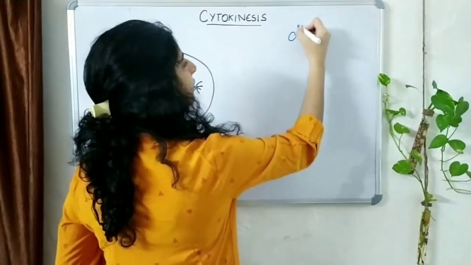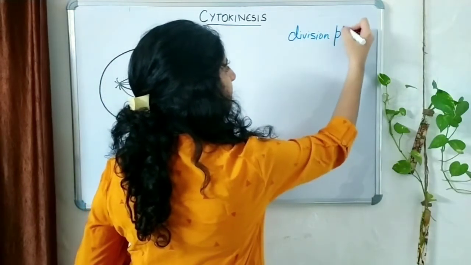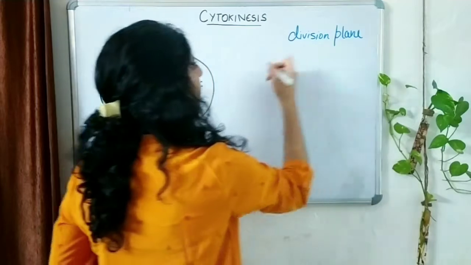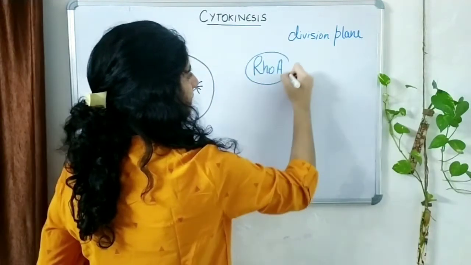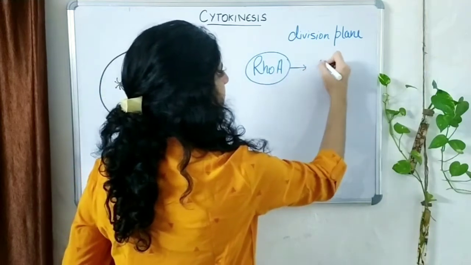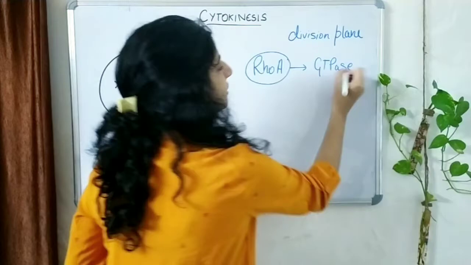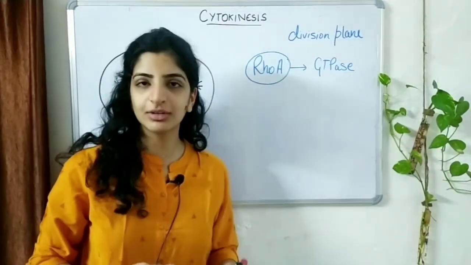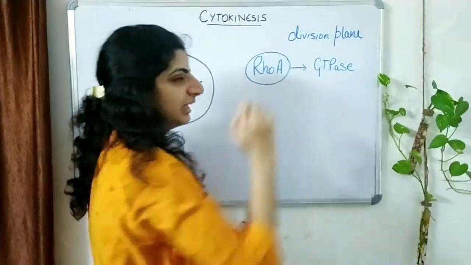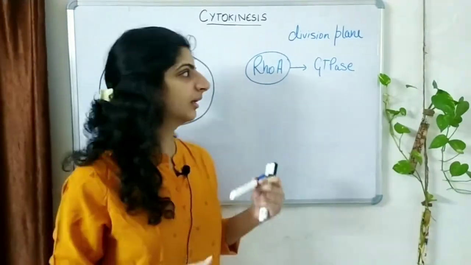As the division plane is formed, a protein known as RhoA, which is a GTPase, which means that this protein needs energy to work, will break down GTP into GDP, and GTP is like ATP.